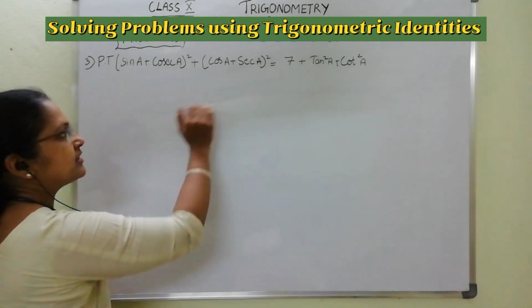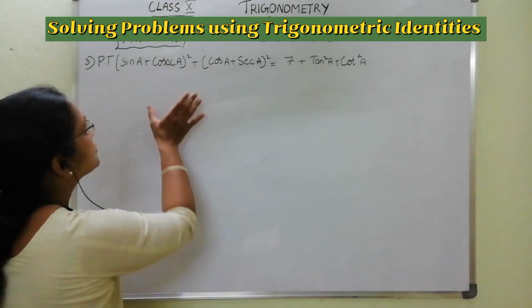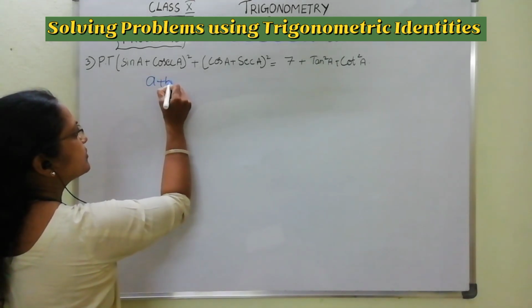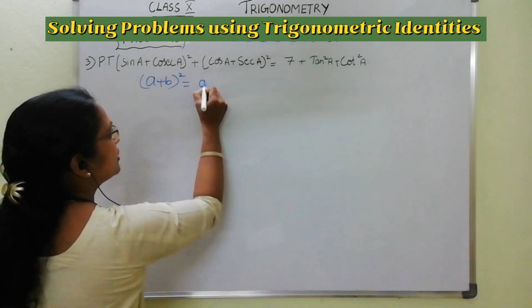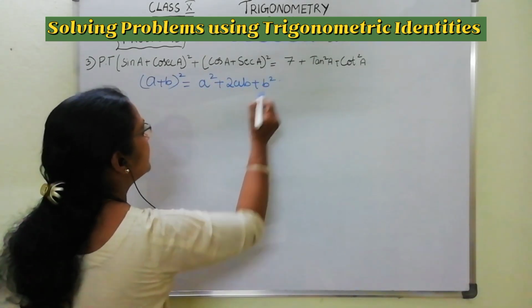Now, by seeing the problem, I hope you all got an idea how to proceed with the problem. So, we can first start with (A plus B) whole square, which is equal to A square plus 2AB plus B square.